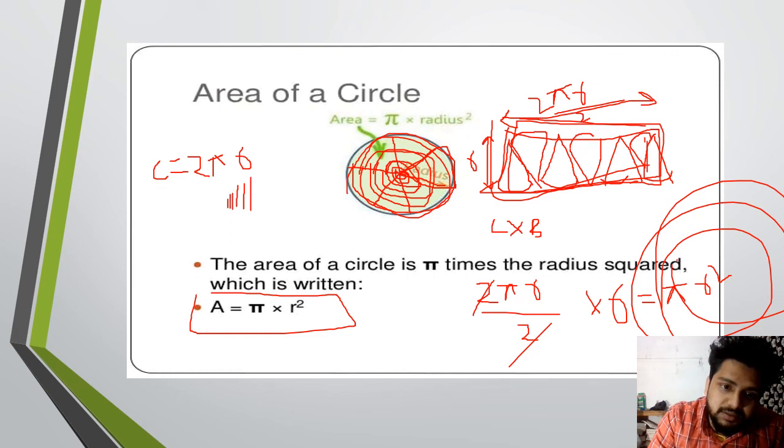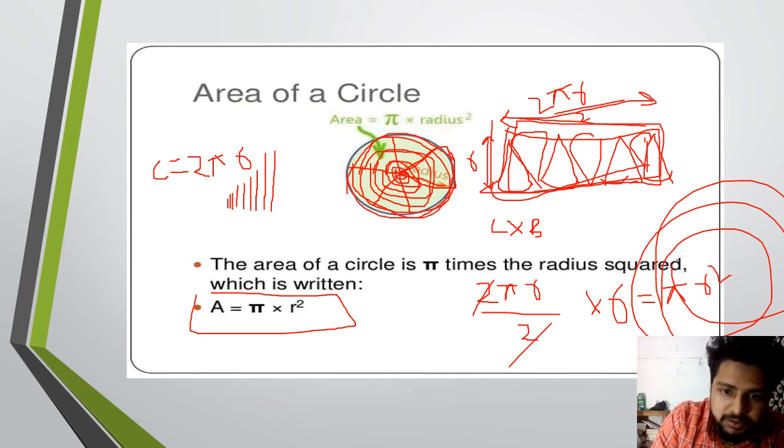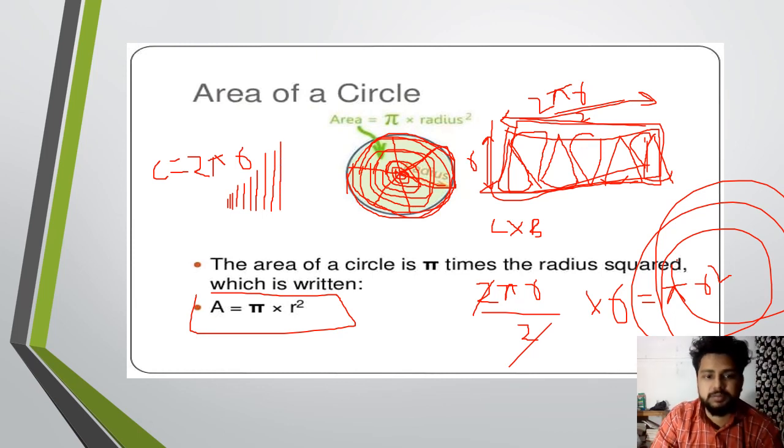Many lines. Now this bigger circle, its circumference is going to open, and it forms a bigger line. This is the bigger line.